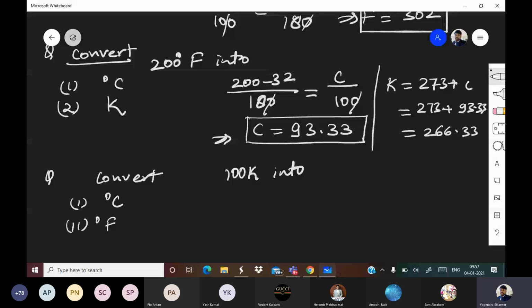Okay. So (K minus 273) upon 100 is equal to C upon 100. That means C is equal to K, which is 100, minus 273, and that is minus 173.